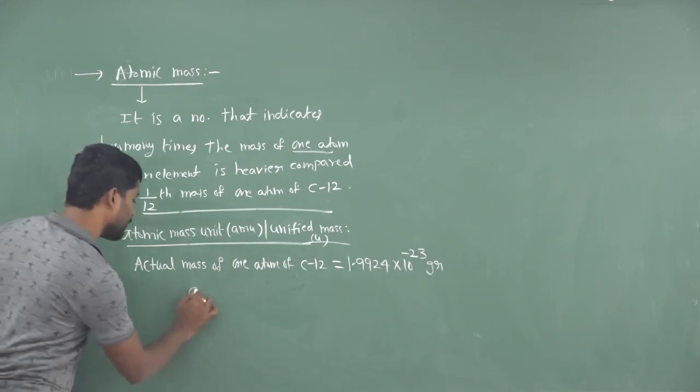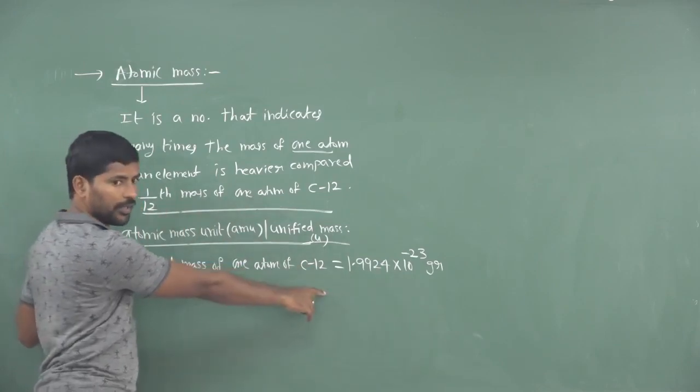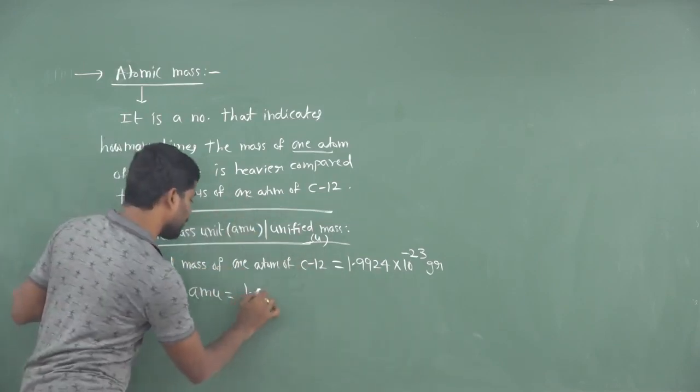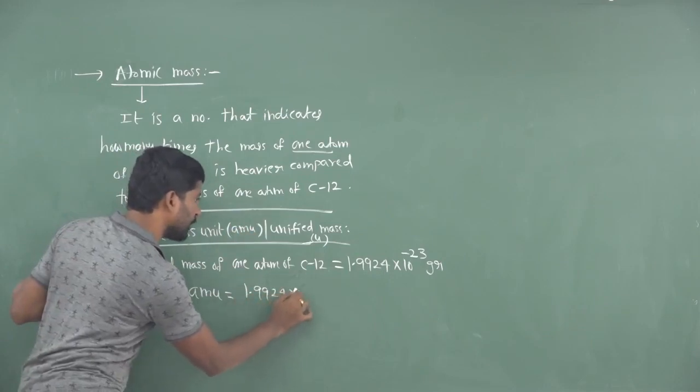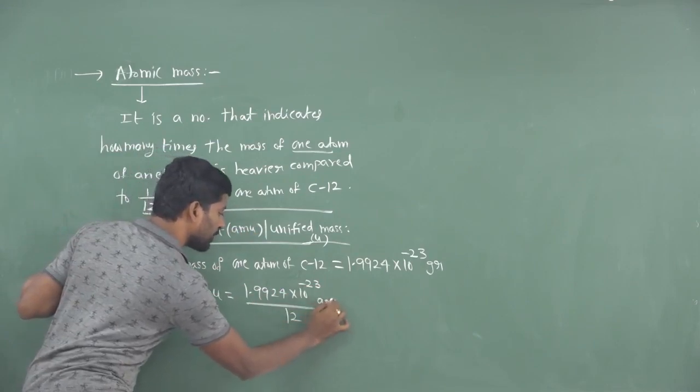Now, atomic mass unit means what? 1/12th of this mass. So that means 1.9924 × 10^-23 divided by 12 grams.